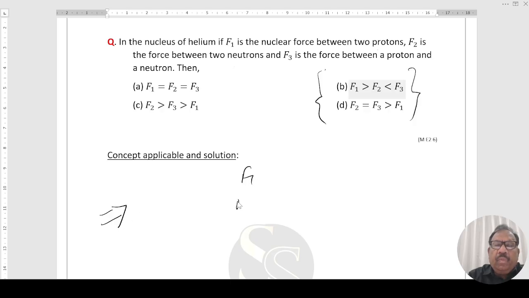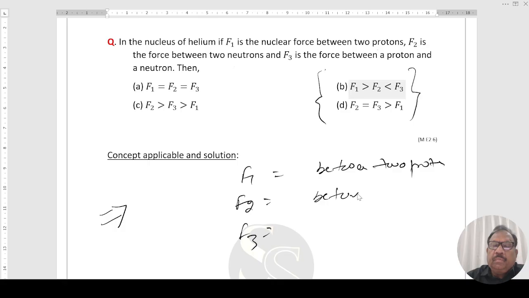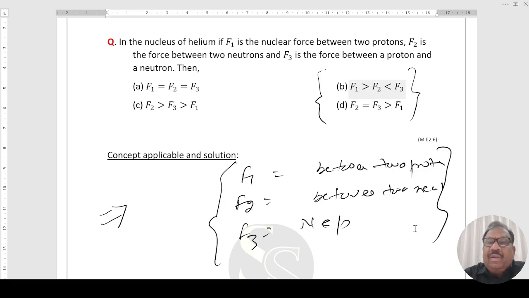F1 is the force between two protons, F2 between two neutrons, and F3 between a neutron and a proton. We have to pick the correct answer in terms of inequality.